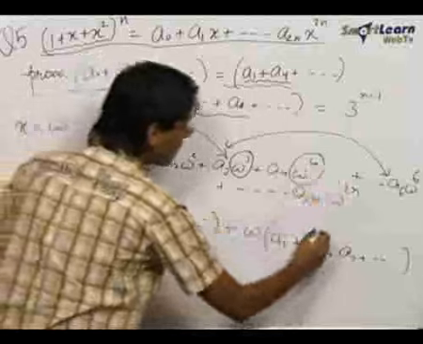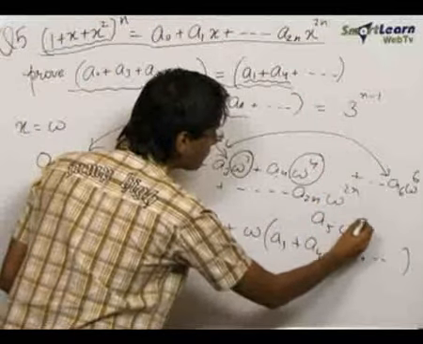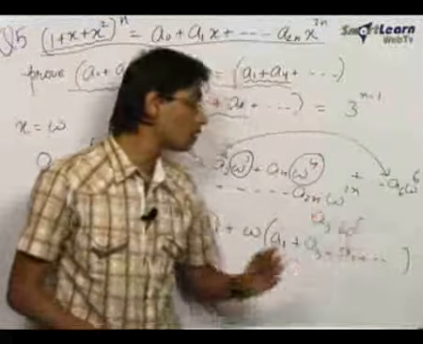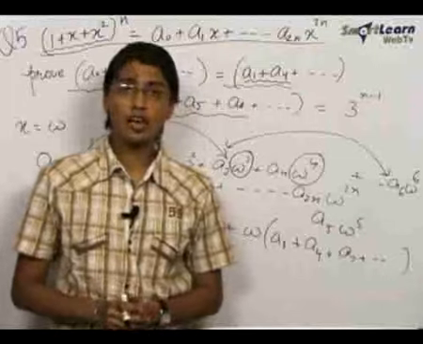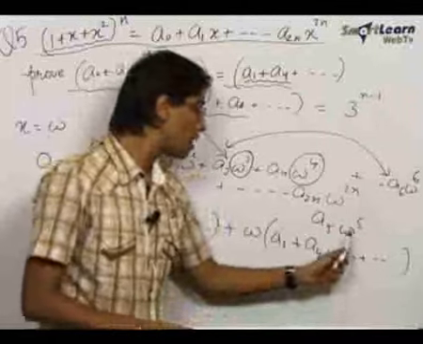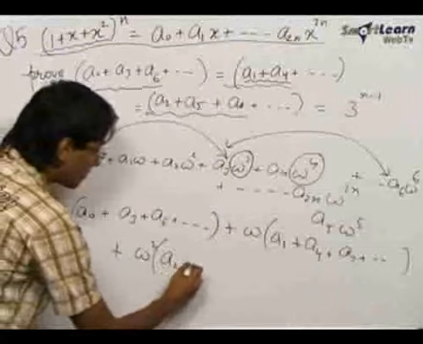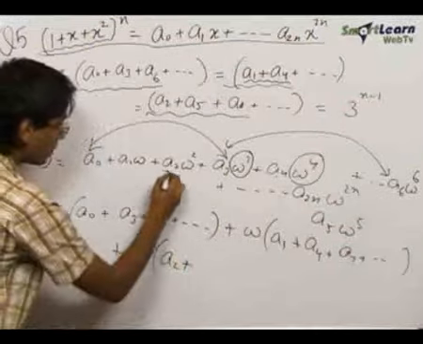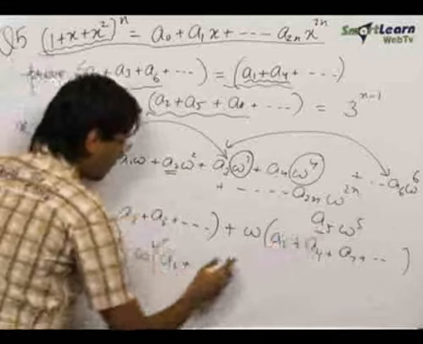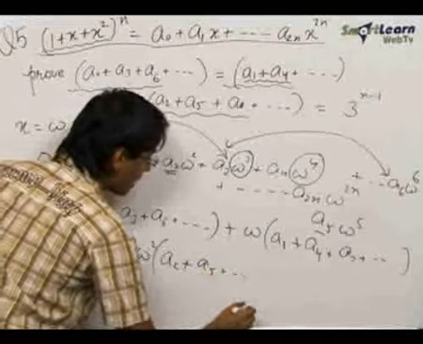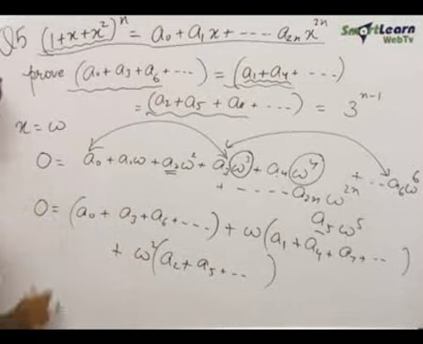Definitely there will be a term over here a5 into omega power 5, and we know that omega power 5 is equal to omega cube into omega square, and omega cube is equal to 1. So omega power 5 is equal to omega square. So this becomes omega square times a2 from here, a5 from here, and similarly till the last term, and the value is equal to 0.